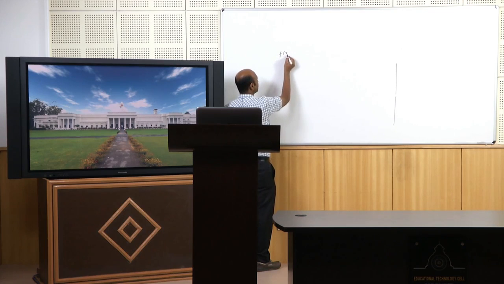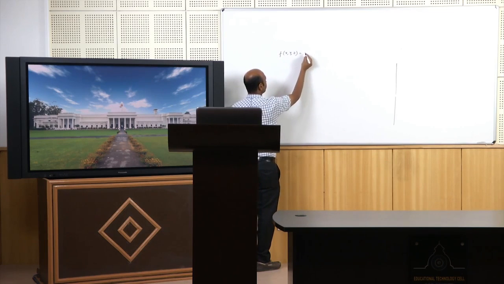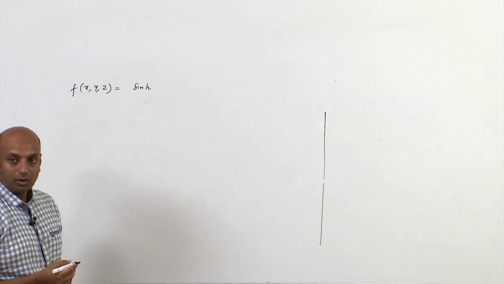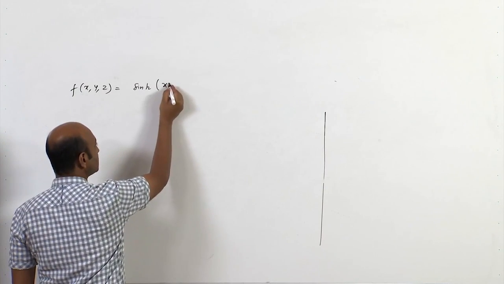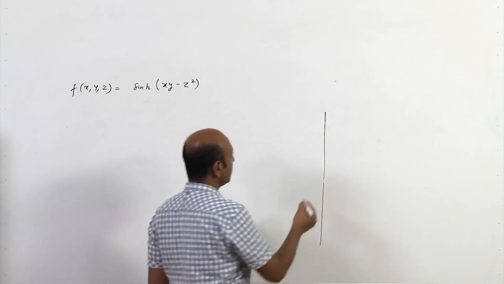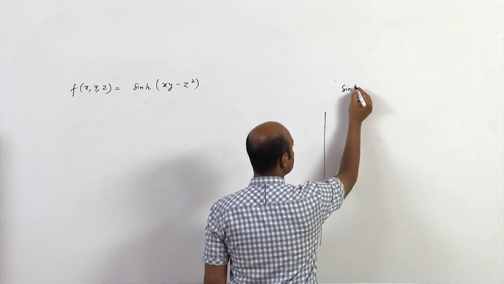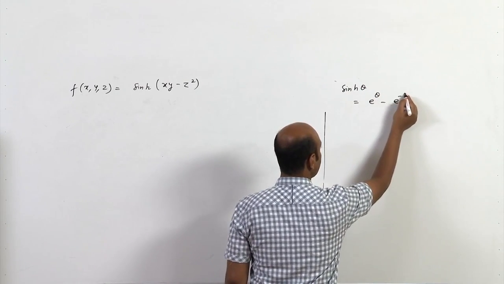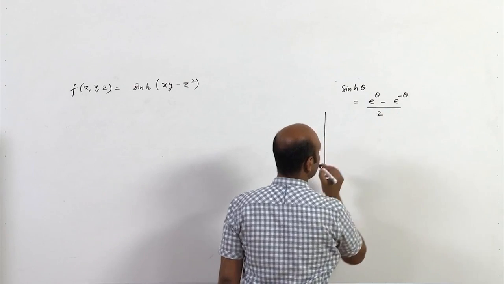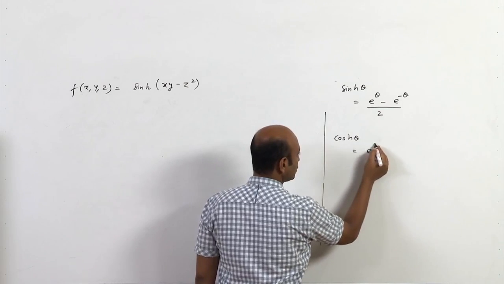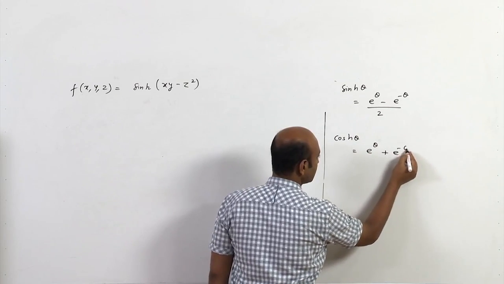Now, suppose f of x, y, z is sine hyperbolic of xy minus z square. What is sine hyperbolic theta? Sine hyperbolic theta is e raised to power theta minus e raised to power minus theta upon 2, and cos hyperbolic theta is e raised to power theta plus e raised to power minus theta upon 2.